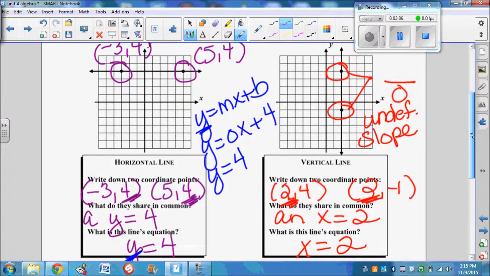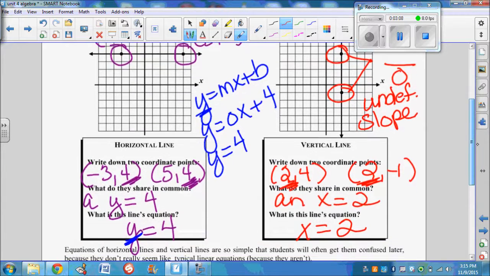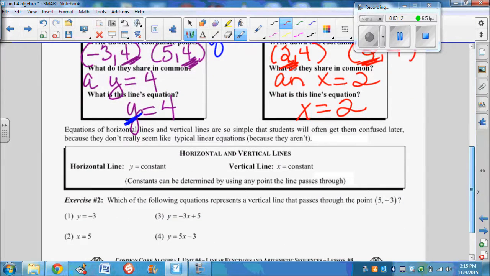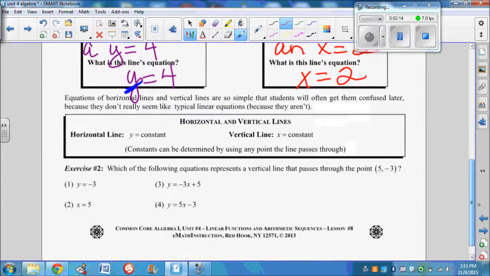So again, a little bit of background as to why these equations look a little bit different than what we're used to. They're super simple, but as time goes on, for whatever reason, kids get them mixed up. So try to keep in your thoughts that the horizontal is y equals some constant, and the vertical is x equals some constant.